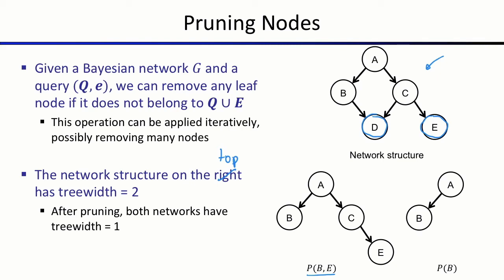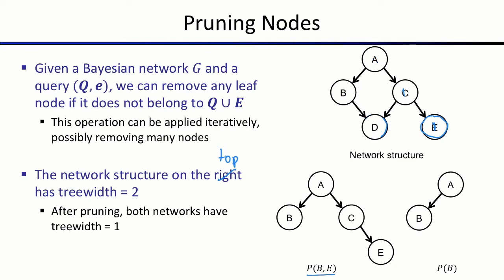But we expect it to be at least 2, because this node here has 2 parents. All the remaining ones, this one has 1 parent, this one has 1 parent, this one has 1 parent, and this has 0 parents. So we expect the tree width to be at least 2. In fact, it was computed and it is 2. And now we want to compute the query.